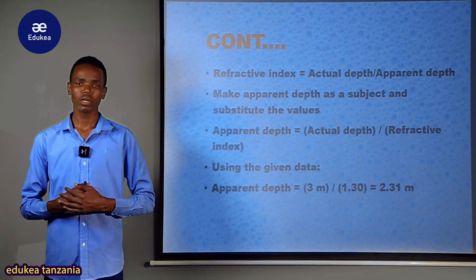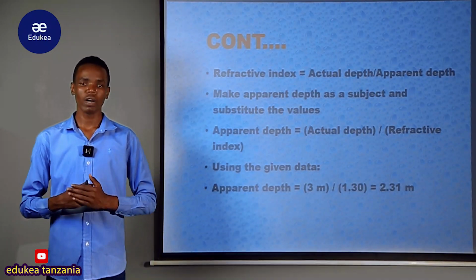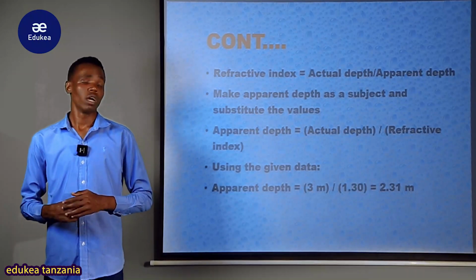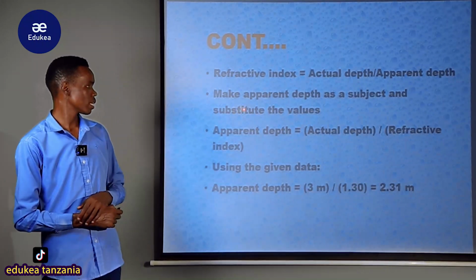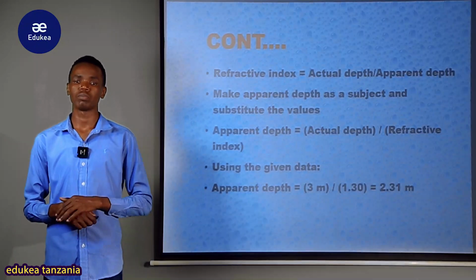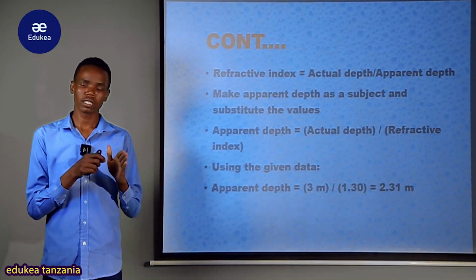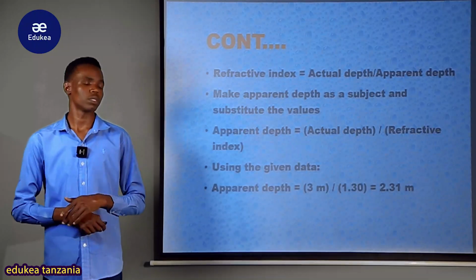But from our question we are supposed to find the apparent depth. Now, how can we find the apparent depth? First of all, as you see here, my dear student, we are supposed to make the apparent depth the subject. Take your formula and make the apparent depth the subject.